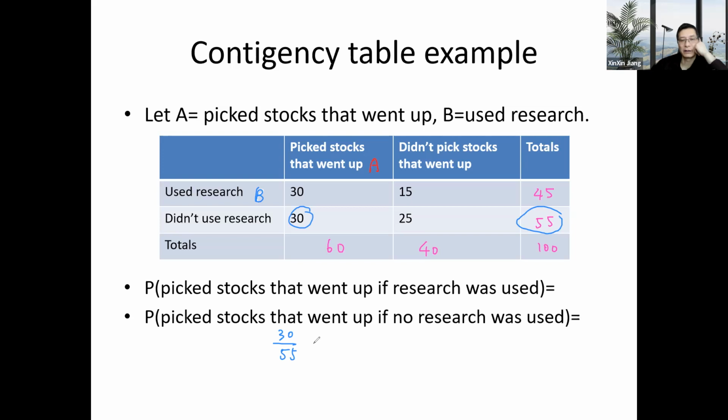So that is 6 out of 11. This is 2/3, slightly bigger than that. I think this is 0.45, 0.5. What is that? 6 divided by 11 is 0.5454, while this one is 0.6667. So about 12% more. Anyway, those numbers are just random numbers.